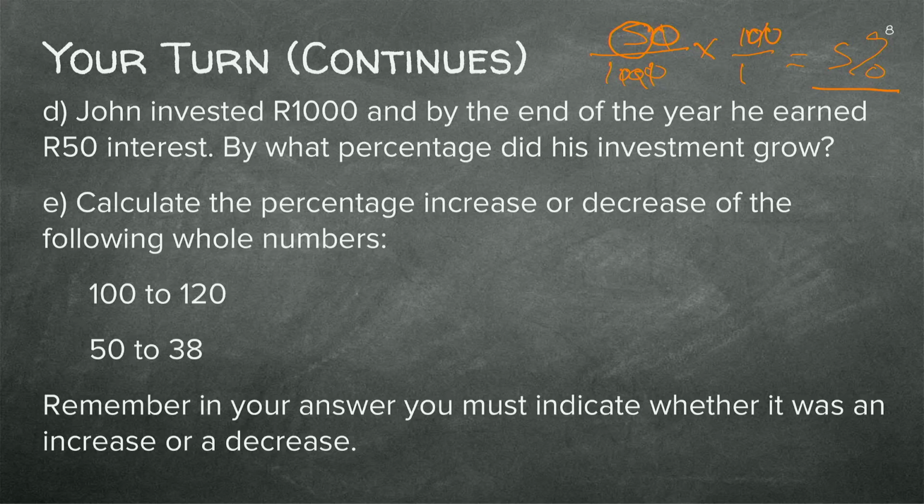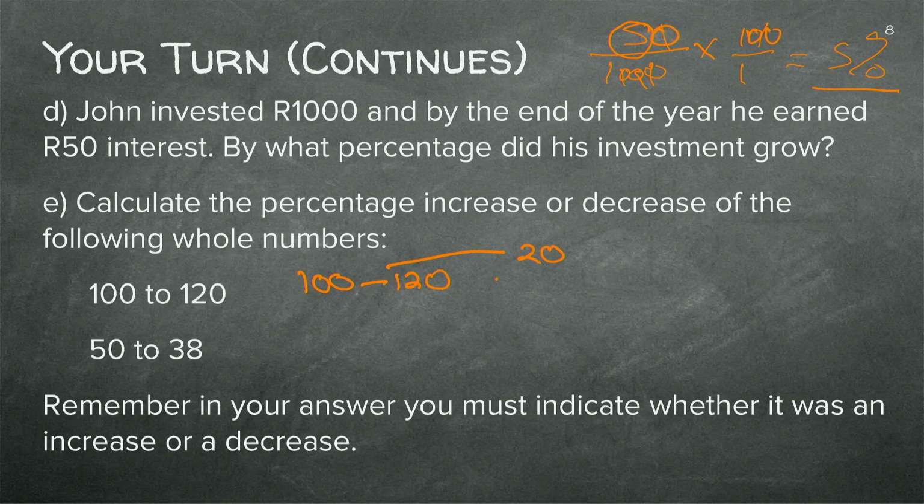Okay. Now, calculate the percentage increase and decrease. Remember, we did that, and if you're not sure, I hope you went back to the previous slide. Calculate the percentage increase or decrease of the following whole numbers. So if a number goes from 100 to 120, the difference is 20.